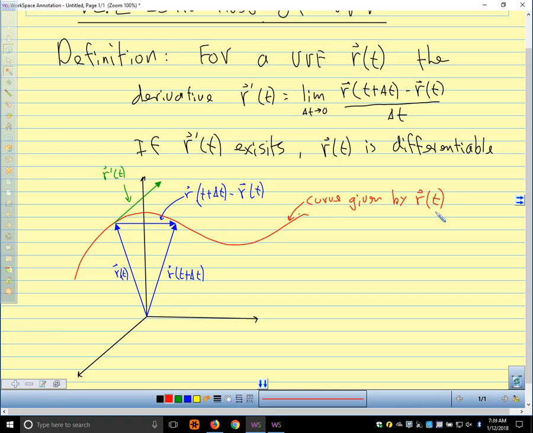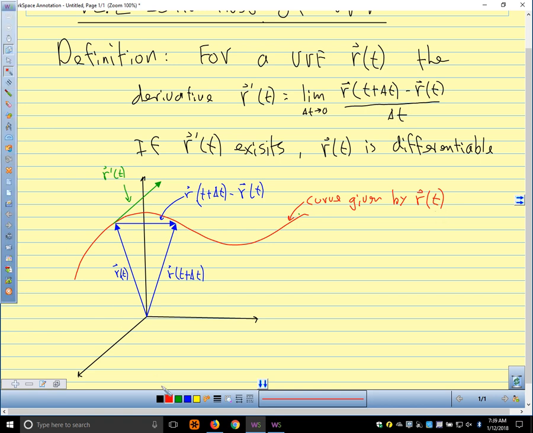And we can show using the definition of the derivative, and because we can express r of t as a sum of components, we have an x component, a y component, and a z component. And one of the properties of limits is the limit of a sum is the sum of the limits. So we just take this limit for each component. Our components are scalar functions.